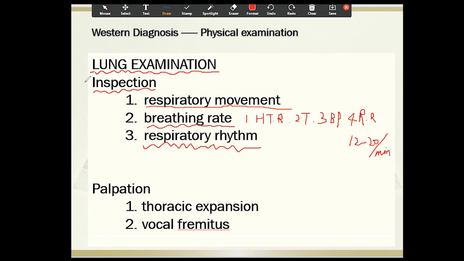So we're still talking about the physical examinations. We have 4 methods. The first one, inspection. The second one, palpation. The third one, percussion. The fourth one, auscultation.